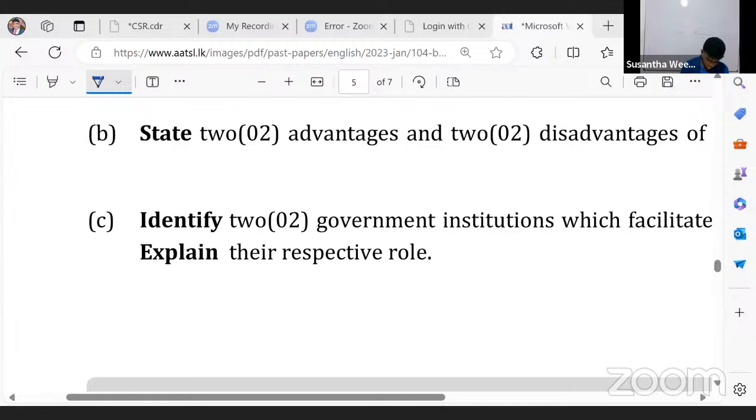Vocational training, right? And they are introducing different standards, right? Another is SLS, Sri Lanka Standards Organization, SLS, right?